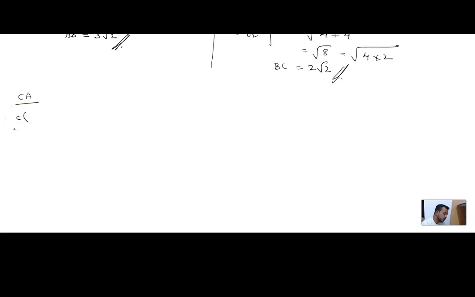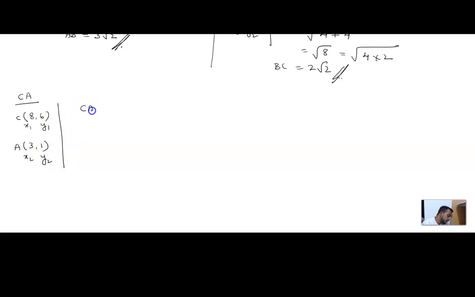So what are the coordinates of C? Just now we got, that is 8, 6. And the coordinates of A, that is 3, 1. Anyway, this is x1, this is y1, and x2 and this is y2.